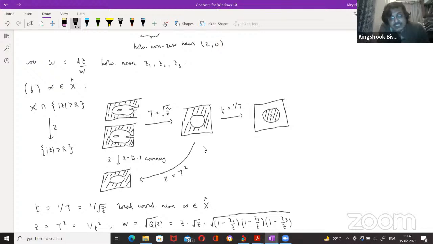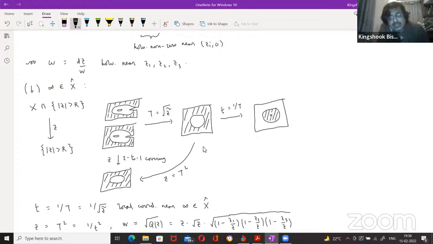So that will look like the part of the sheets outside a ball of radius r. So it will look like the complement of 2 disks glued together. So here I have a well-defined square root function. The square root of z is single valued here, and the square root will map this shaded region to the complement of a disk of radius square root r.